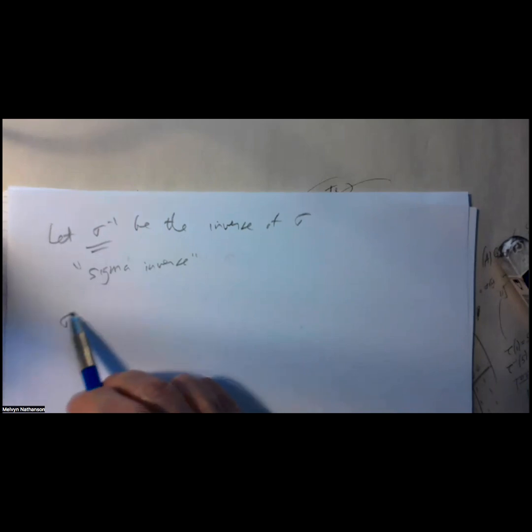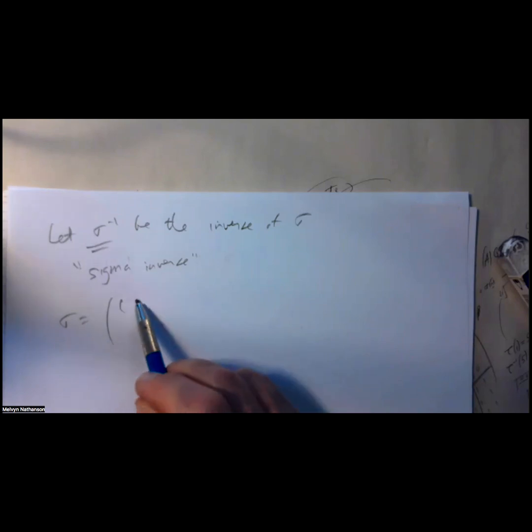So suppose we have sigma is equal to, here's a permutation of numbers 1, 2, 3, and 4. So what does sigma do? Sigma sends 1 to 3, 2 to 2, 3 to 4, and 4 to 1. I want sigma inverse to reverse the action of sigma.